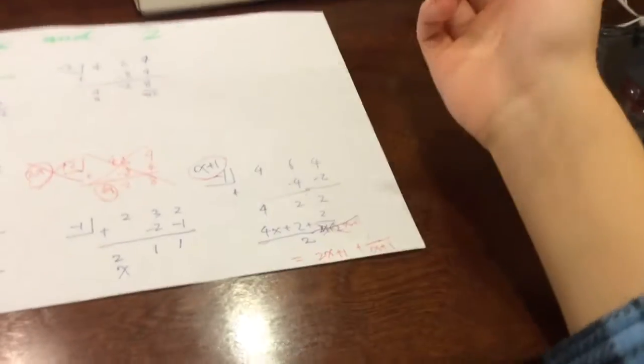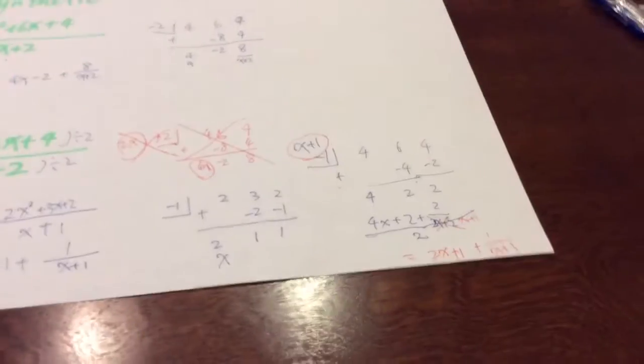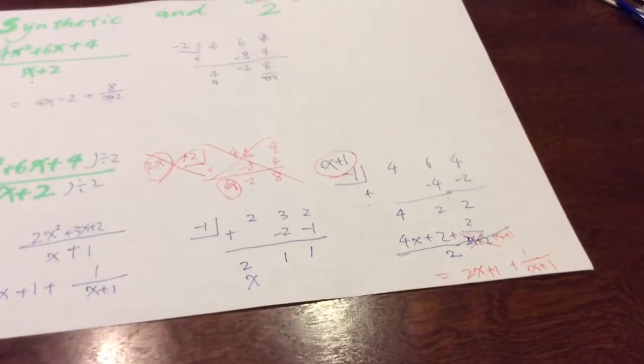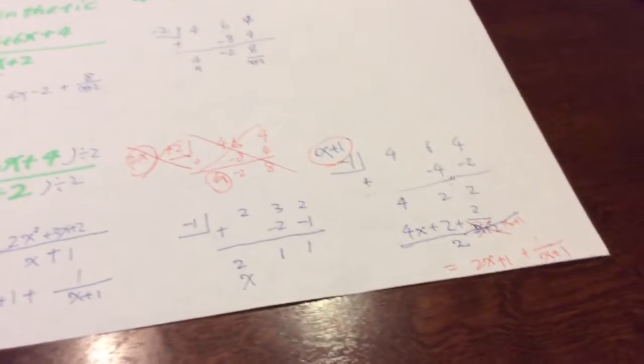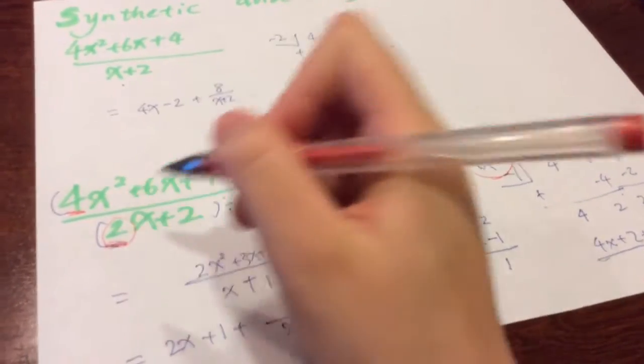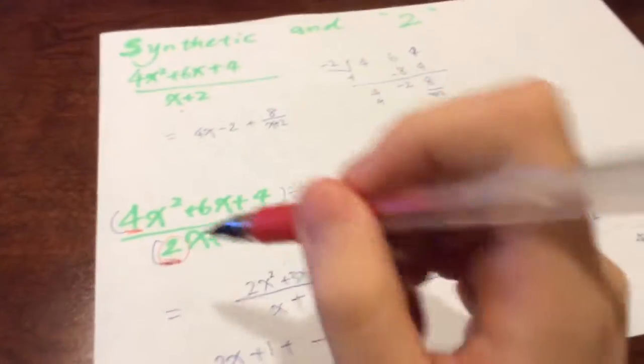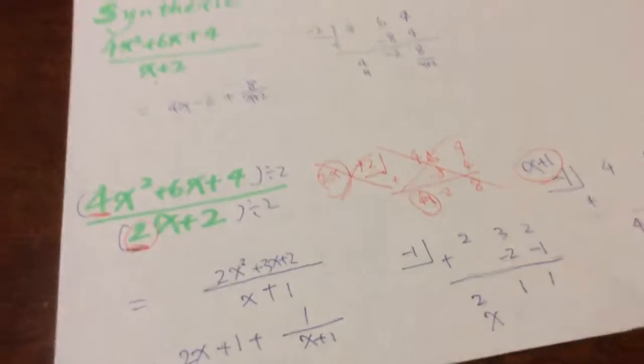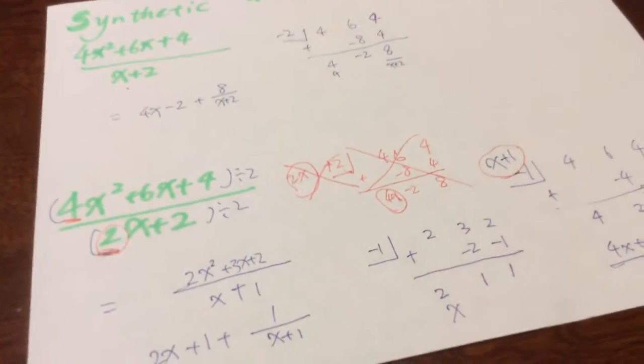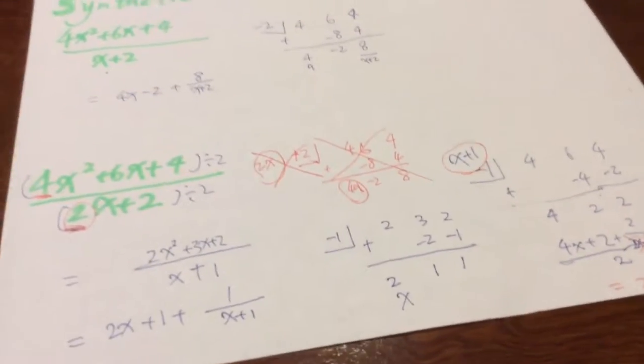So now this would be correct, but this way is simply too complicated, so just don't use it. Just don't. Don't use synthetic when the coefficient of the x in the denominator is more than 1. Just don't use it.